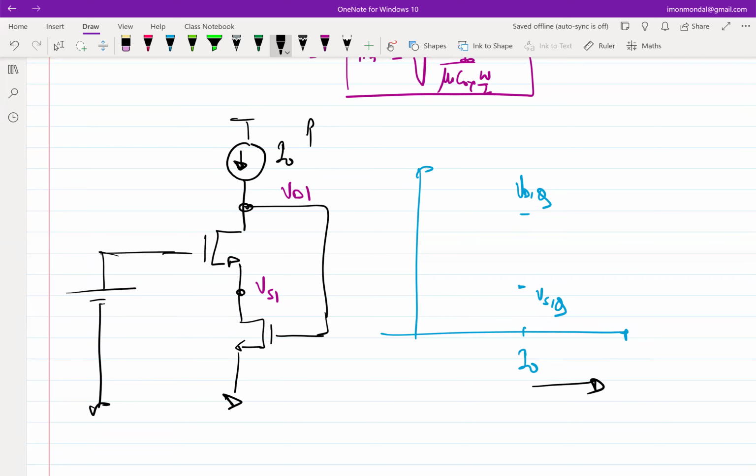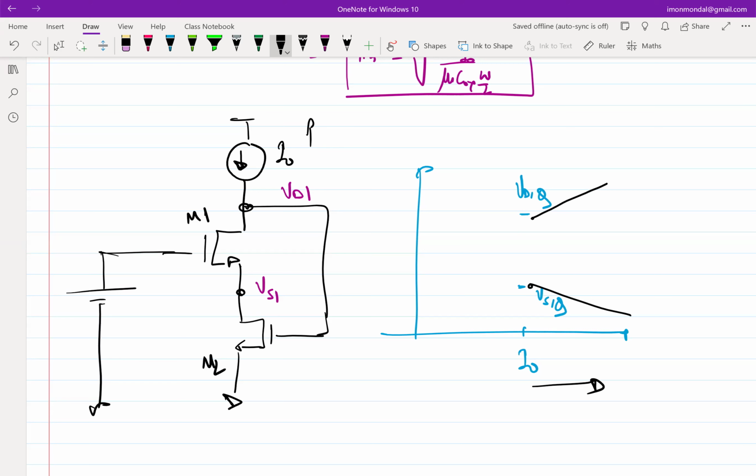Right, so VD1 will increase and VS1 is going to decrease. Okay, so now, if I keep on increasing I0, which transistor, again, let me name M1, M2, which transistor is likely to go out of saturation? M2, right?